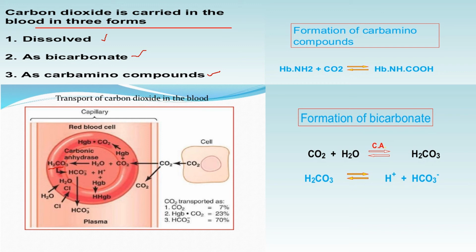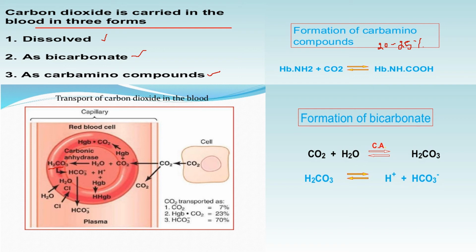In the form of carbamino compounds, approximately 20 to 25% of carbon dioxide is carried. Carbon dioxide is usually bound to the amino groups of the polypeptide chains.